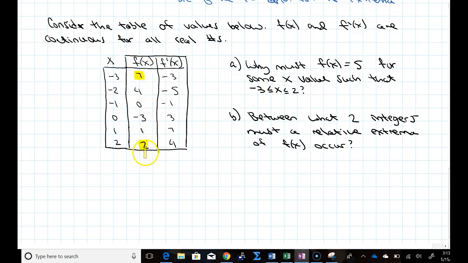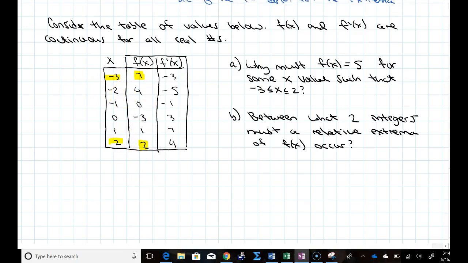There must be at least one x value such that f of that x value would equal 5, because 5 is between 2 and 7, and between negative 3 and 2.